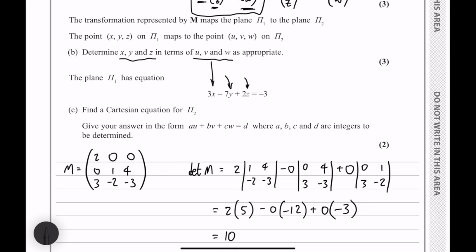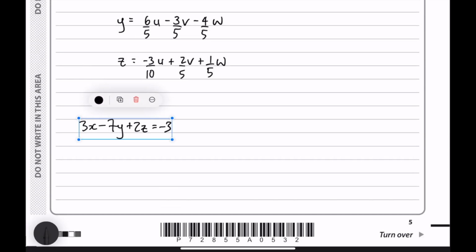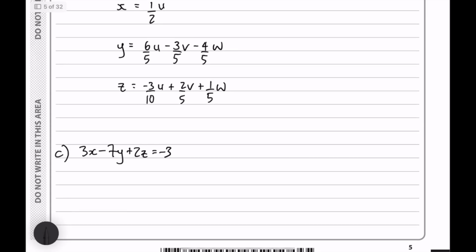should be fairly easy. So we've got 3x minus 7y plus 2z equals minus 3. I'll take that down here. And this is part C. So we're going to substitute the expressions on the screen there into this equation.